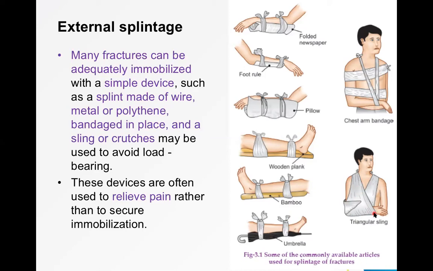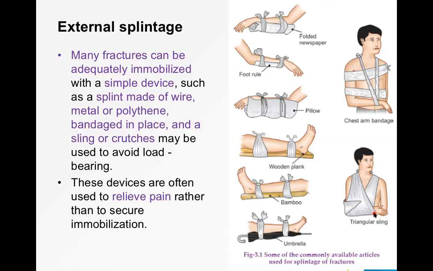Now, a student must understand what is the purpose of using this splintage or sling here. There are a few important purposes of this. One of the most important is to relieve the pain which occurs at the time of fracture or after that. If we do not move the fracture site, the pain will be drastically reduced.